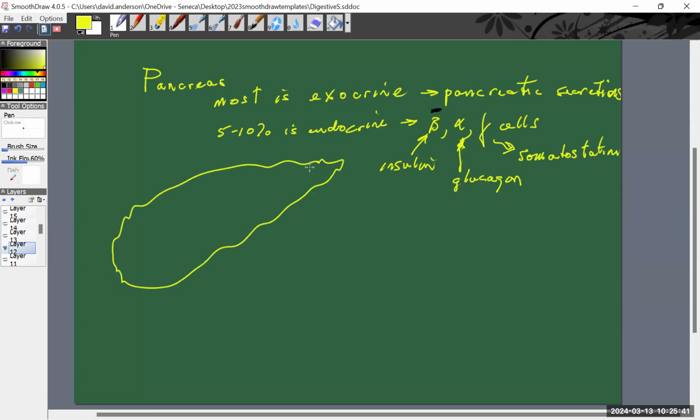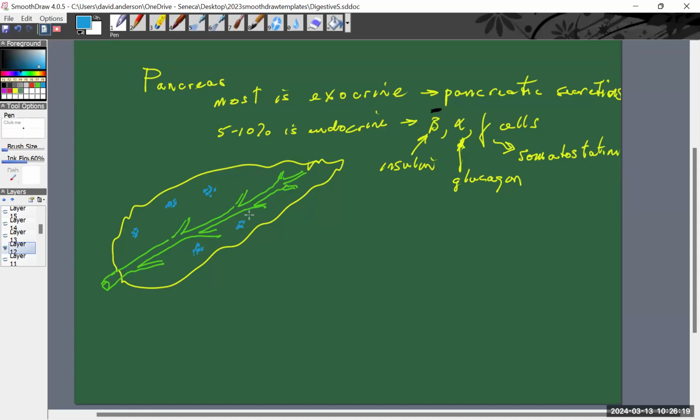If our pancreas looked a little bit like this with a head and a tail, and it had a duct system, like we saw in that other picture, that drains the products from most of the cells in the body and drains them into the duodenum. Within small clusters interspersed between all the regular cells, we have these little islets.